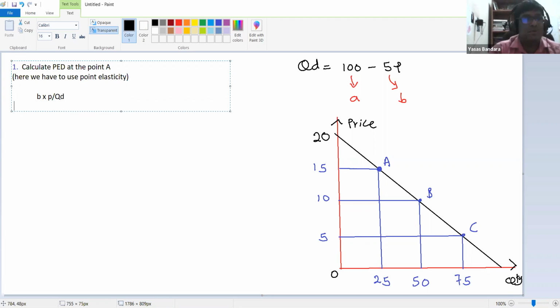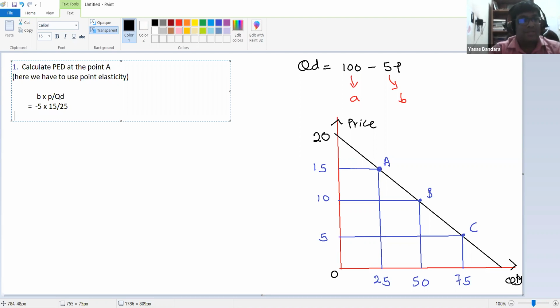So let us substitute that equation, right? B, you can look at the equation on your right hand side. B is minus 5 into point A. Look at the point A, the diagram. What is the price? Well, that is 15, divided by, what is the quantity? Quantity is 25.